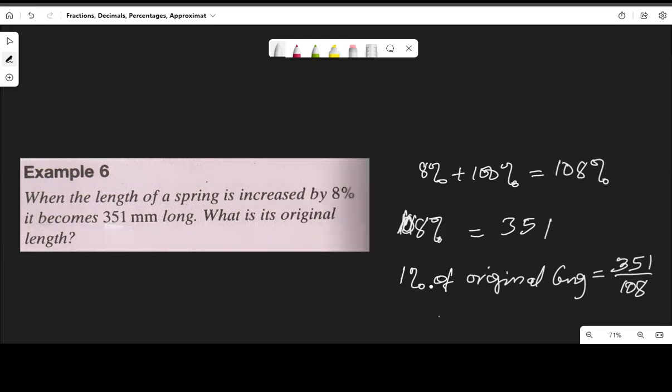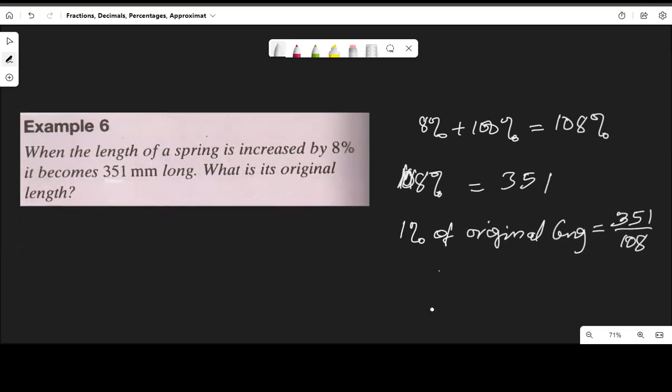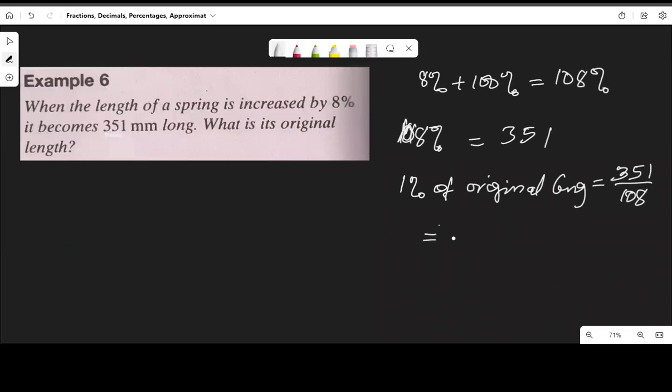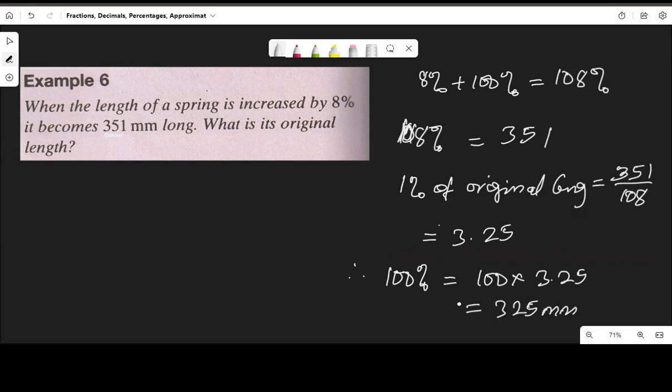So if 1% is 3.25, what will be 100%? 100% will be 3.25 times 100, which is 325 millimeters. So the original length is 325 millimeters. Then we'll move on to another question.